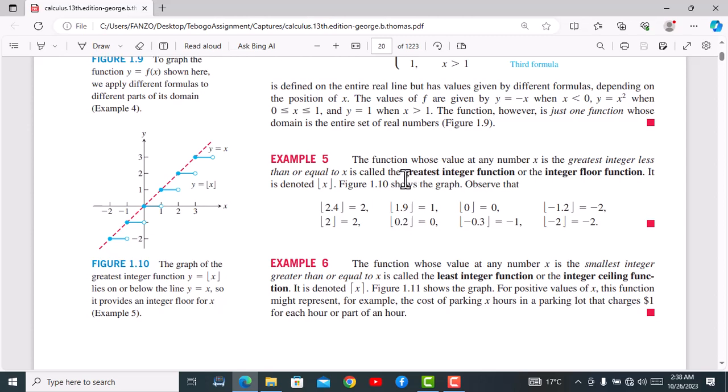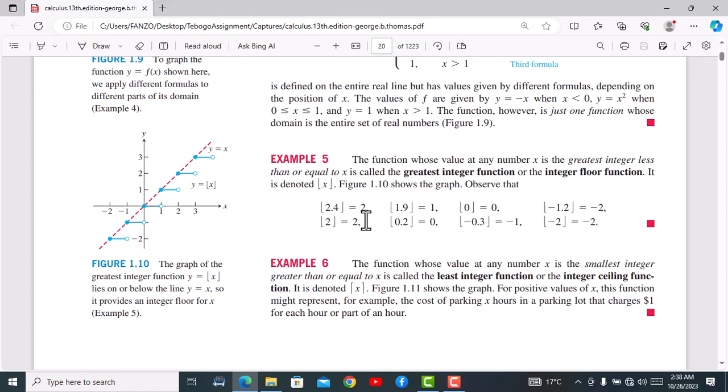Very important, and this is the greatest integer function, and it lies to the right of this straight line y equals x. So when you substitute a value of x that is bigger than the value that you get of y, therefore this value of y is less than or equals to the input value of x, therefore you get the greatest integer function.